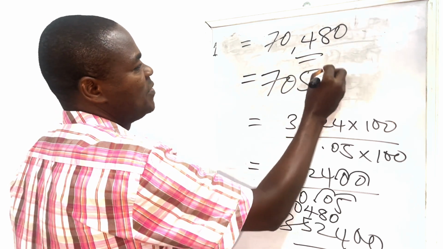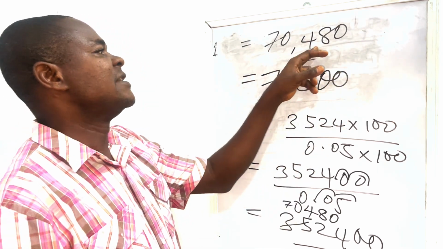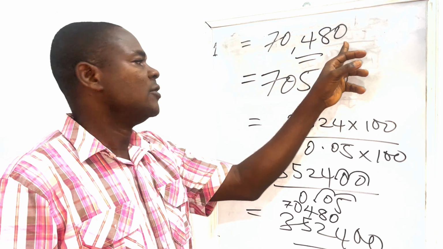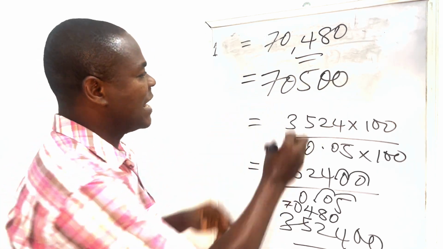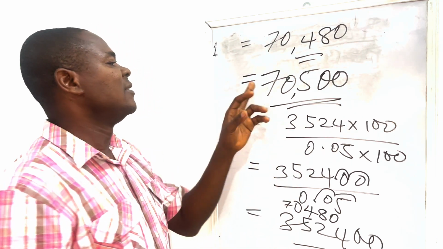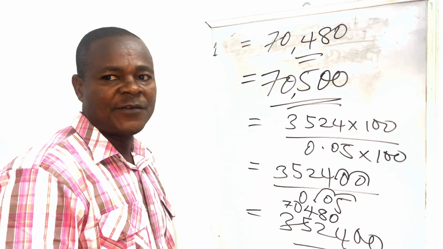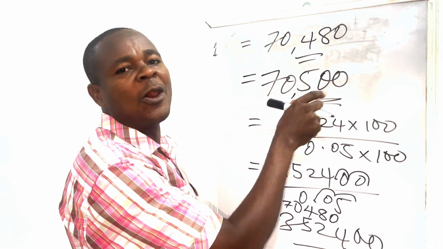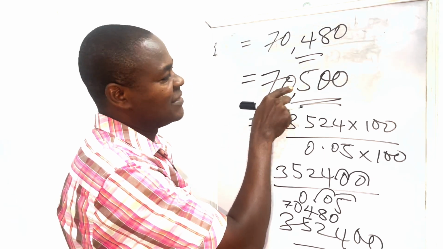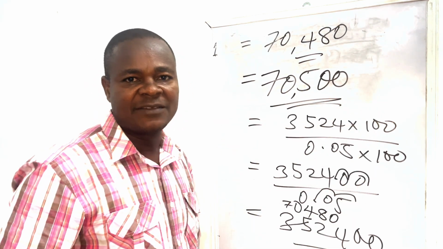The remaining numbers will be 00. So it's just like saying that I'm converting 480 to, if you like, 1 significant figure, which will give me 500. So I have the total answer to be 70,500. My 7, my 0, my 5 are all significant. So 70,500 to 3 significant figures.